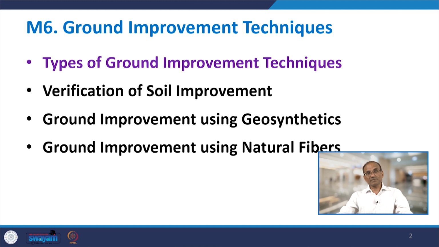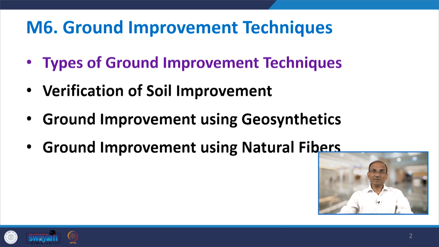The third chapter will be on ground improvement using geosynthetics. You may be aware that this is a latest technology which is used for many purposes, not only for ground improvement, but for other purposes also, even for foundation and for the dams design. Geosynthetics is a very upcoming area. Then finally, ground improvement using natural fibers will also be discussed, and some of the work which has been done by the research scholars will also be discussed.